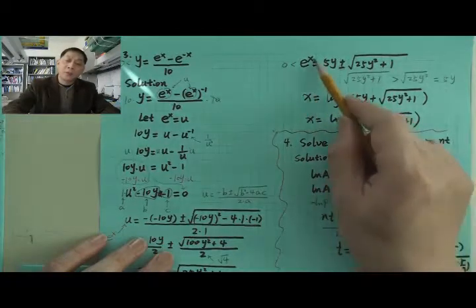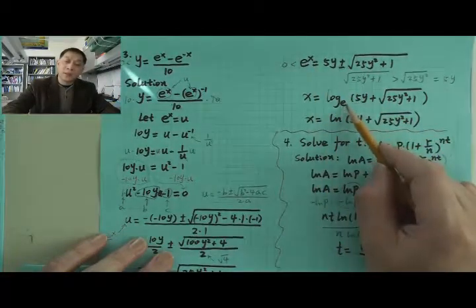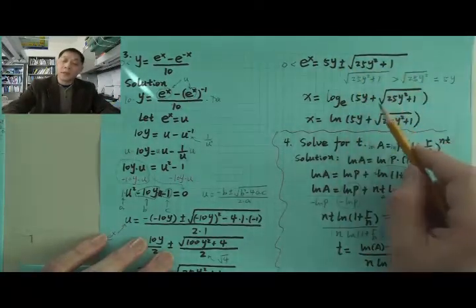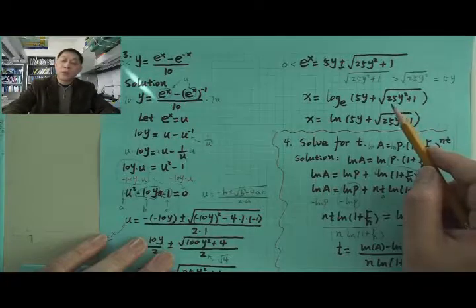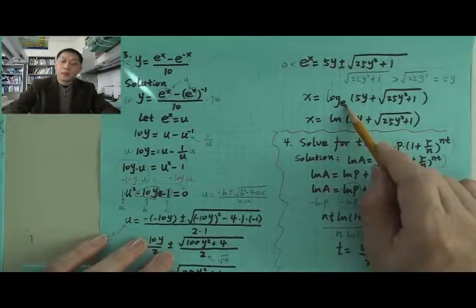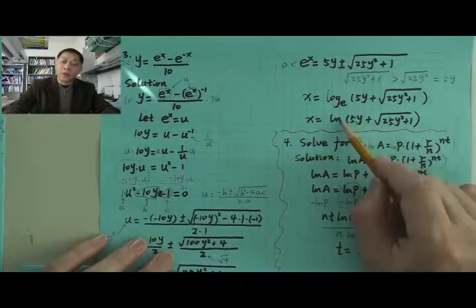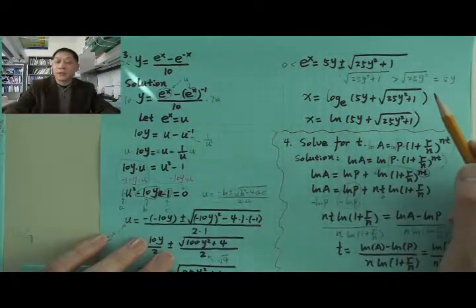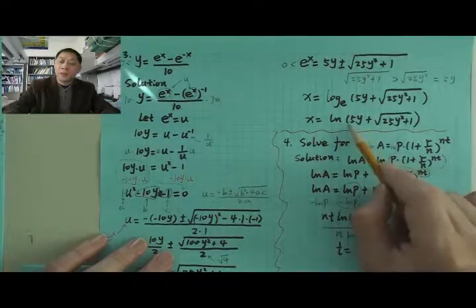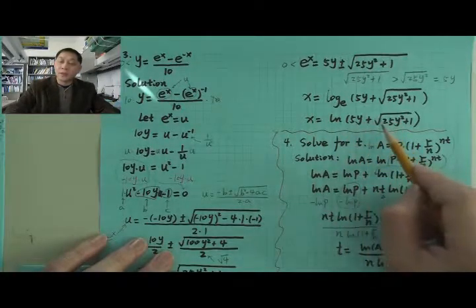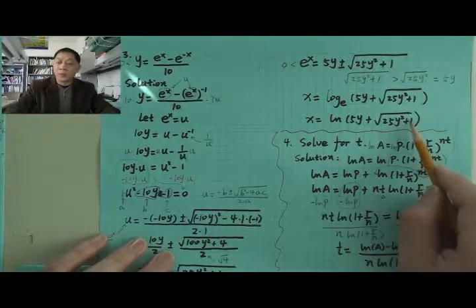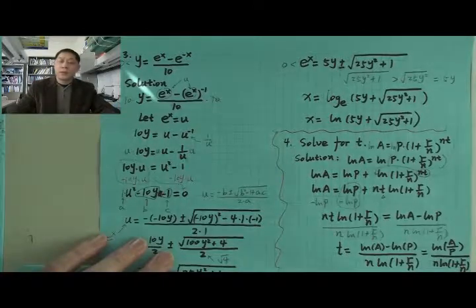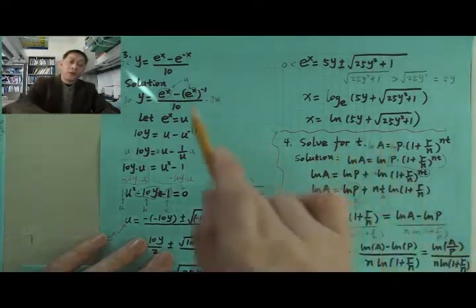Remember that. Exponent of what? Of this base e, to the quantity right here. But we know log base e is the natural log. So you write ln, which stands for natural log. So x equals natural log of 5y plus radical 25y squared plus 1. This is the final answer for that.